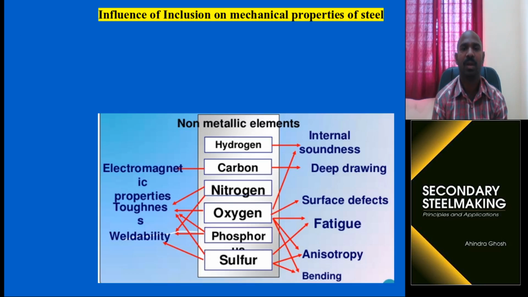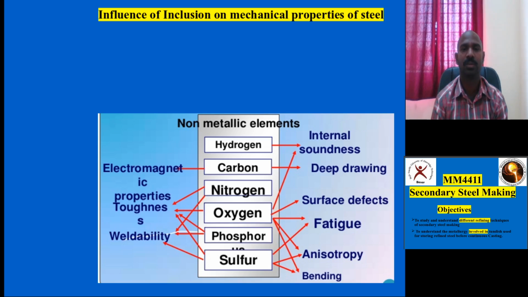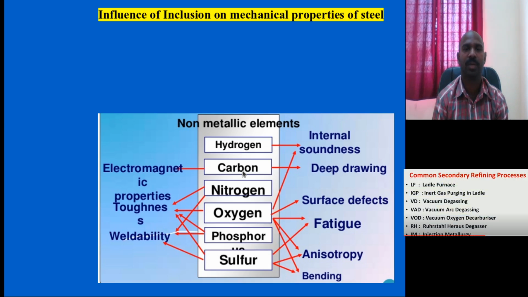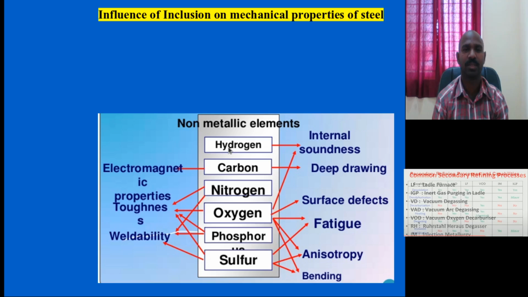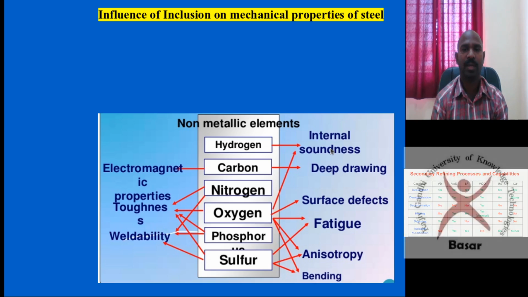Remember this point. Now let me talk about the influence of inclusions on the mechanical properties of steel. The elements present may be hydrogen, hydrides, carbon, nitrogen, oxygen, phosphorus, sulfur, or a combination. If hydrogen is present, the internal soundness and internal strength of the material during solidification come down.